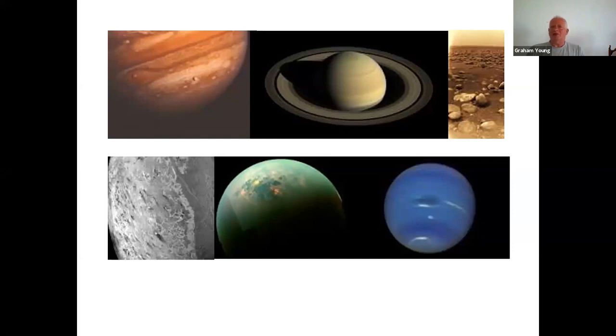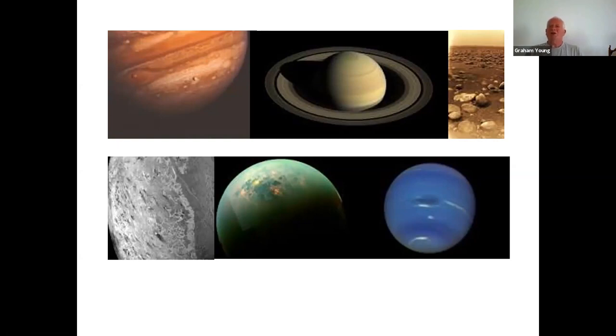The best that we could do was see markings on the surface, but it wasn't until the spacecraft actually flew past these planets that we began to realize what they really looked like. Our view of the solar system was completely changing because we were actually seeing what the planets looked like close up.